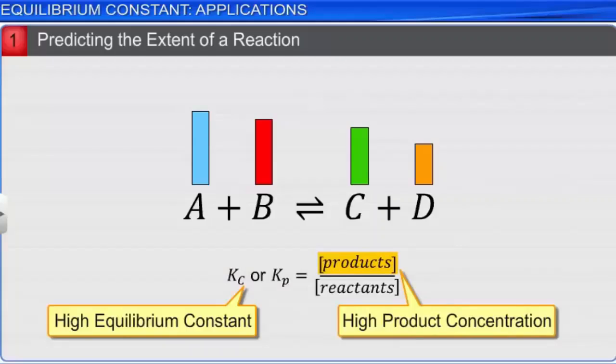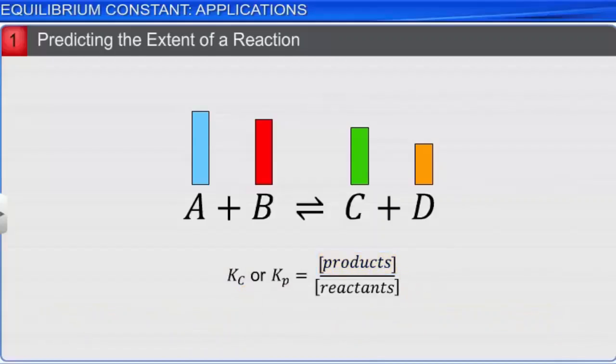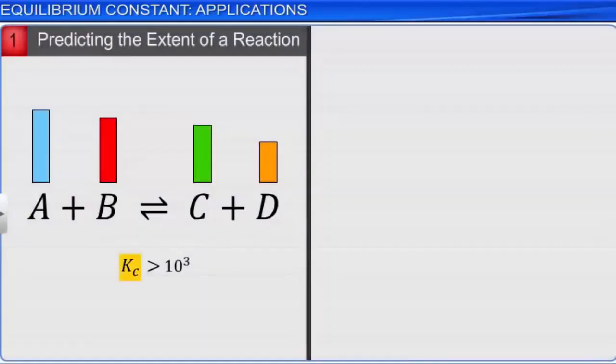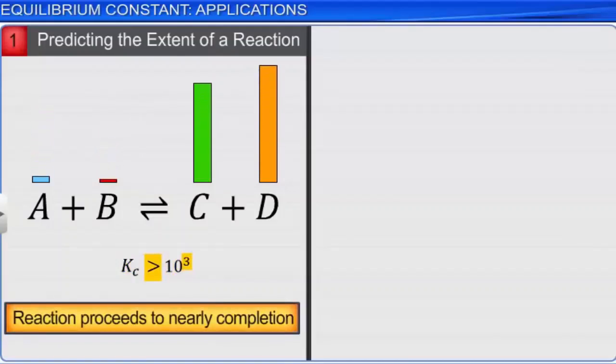The magnitude of the equilibrium constant, Kc or Kp, indicates the extent to which a reaction will proceed. If the numerical value of the equilibrium constant is greater than 10^3, it means that the reaction nearly proceeds to completion and that the equilibrium concentration of the products is large.